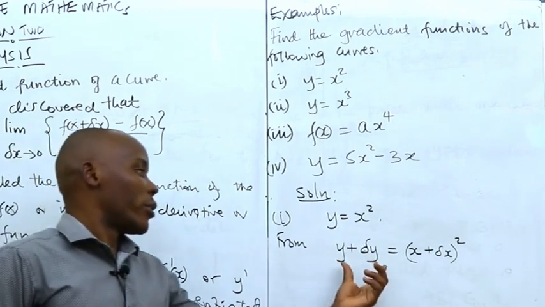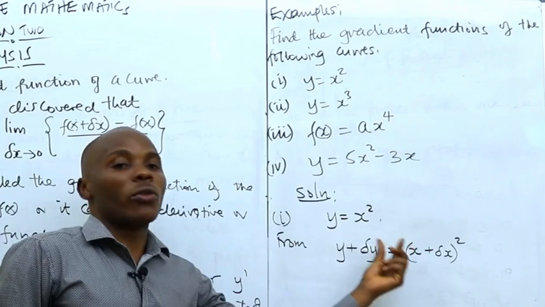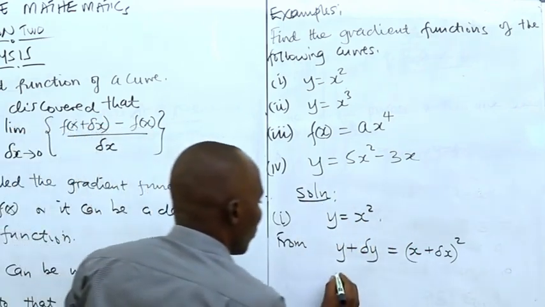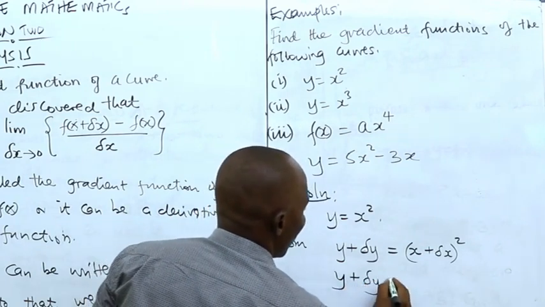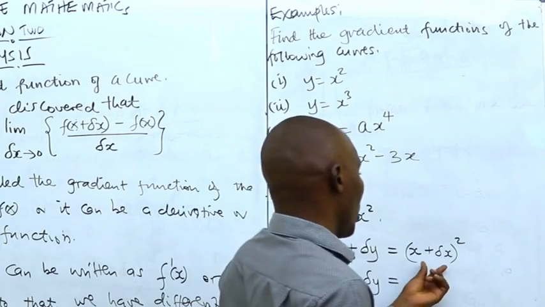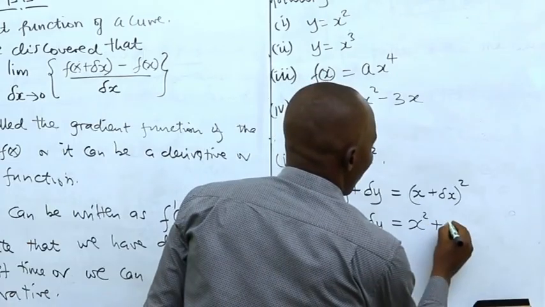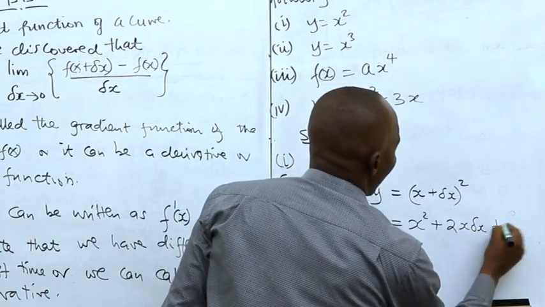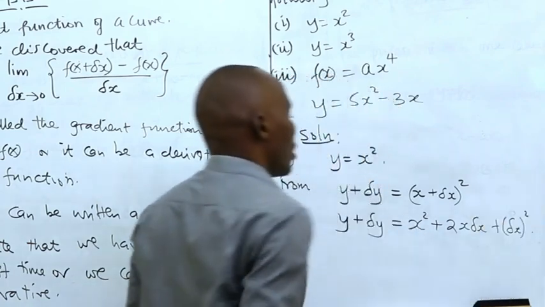When there is some slight change in y, there is a corresponding change in x. So we have y plus delta y is equal to, we expand this, x squared plus 2x delta x plus delta x squared.